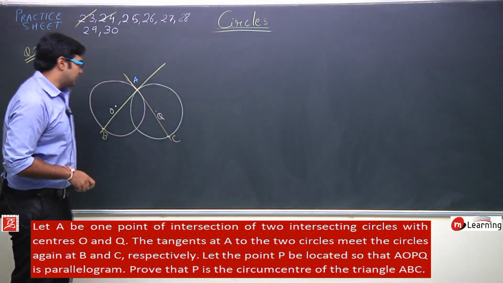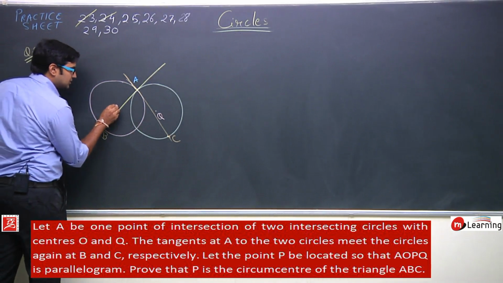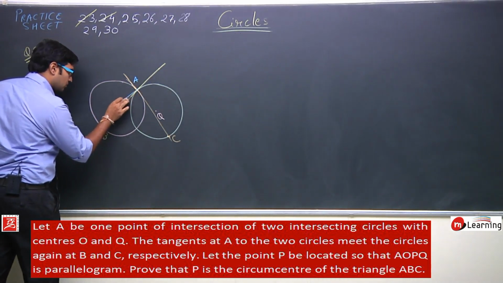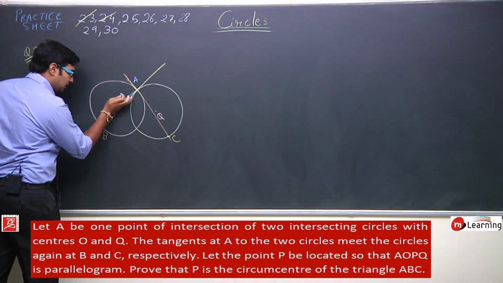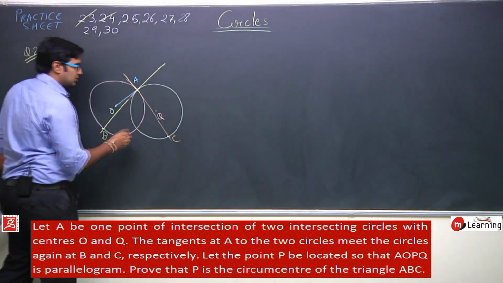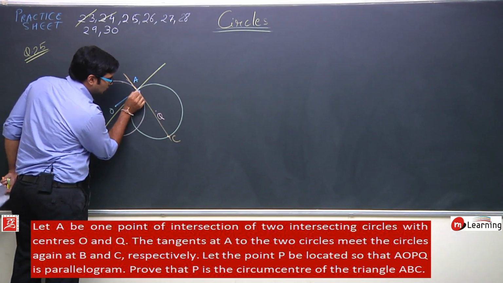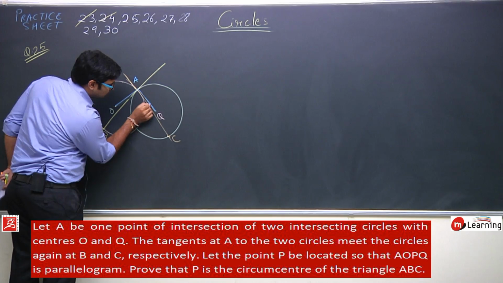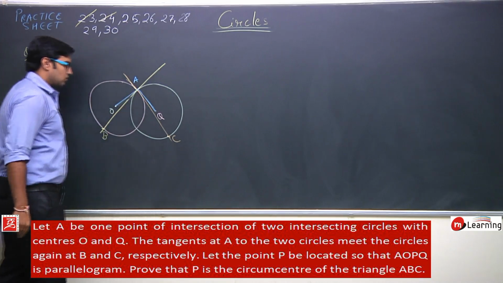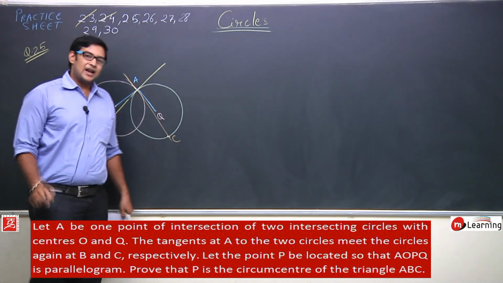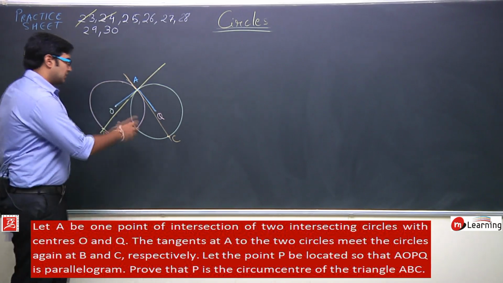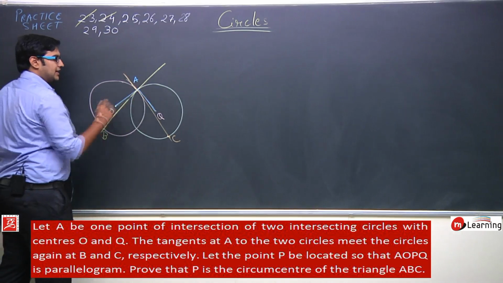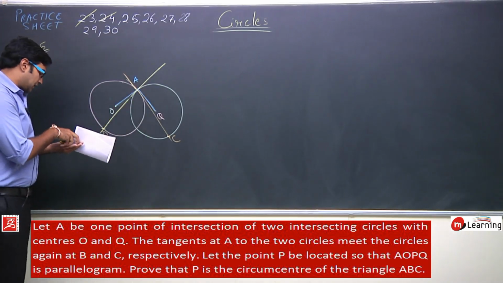So first join A and O. After that join A and Q. Now you need to draw a parallelogram using these two sides.